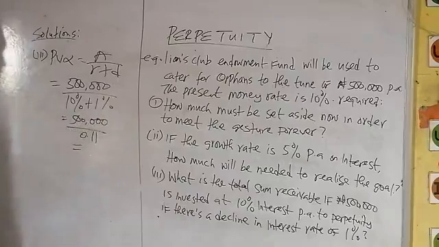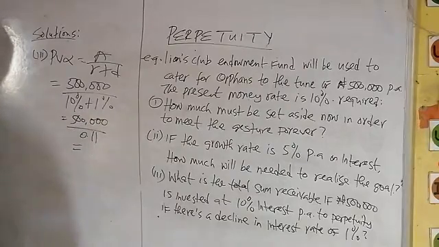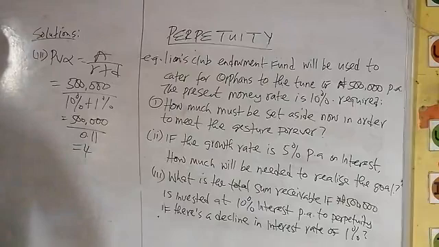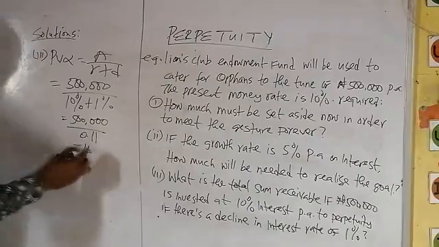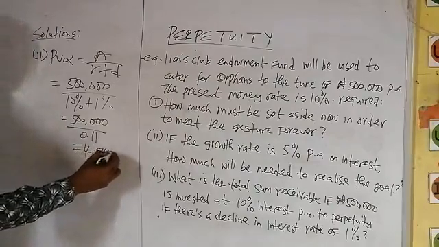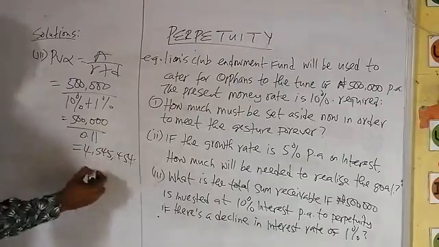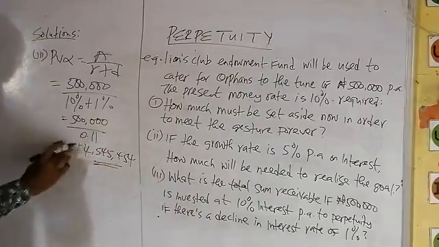Let's see, 500,000 divided by 0.11. So we have 4,545,454. So this is what we have.